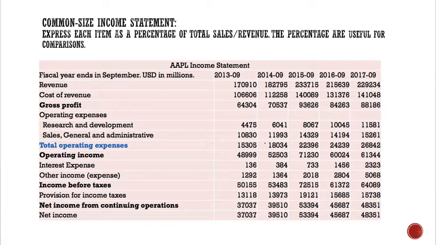So the common size income statement is every item. The revenue is the base. Every number here, every number is divided by the revenue. For example, 2017, the cost of revenue.